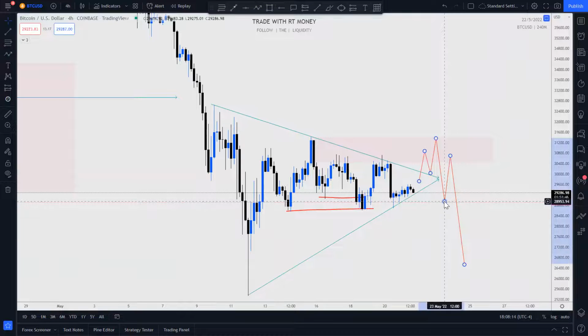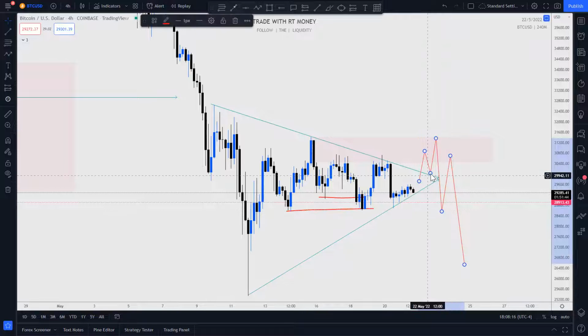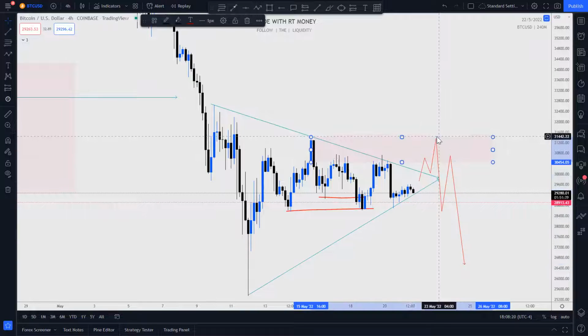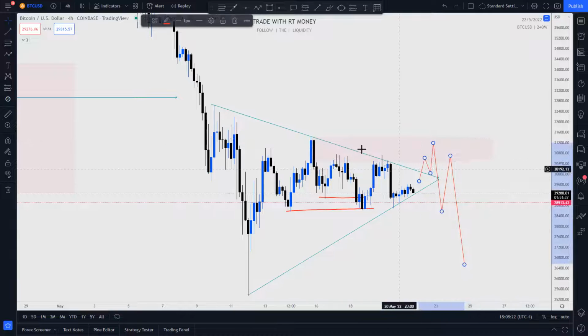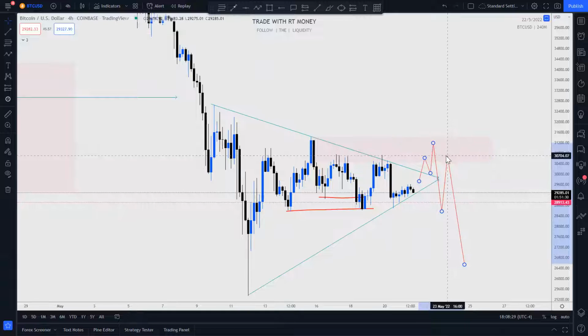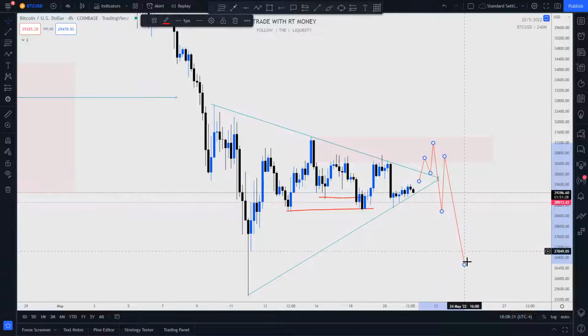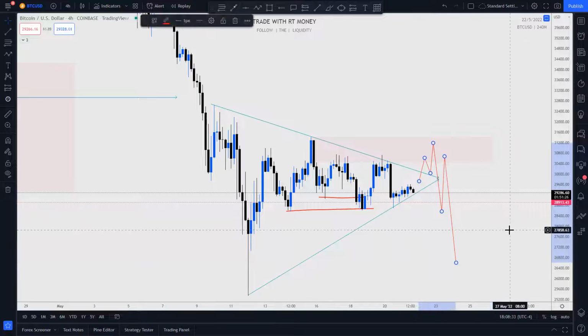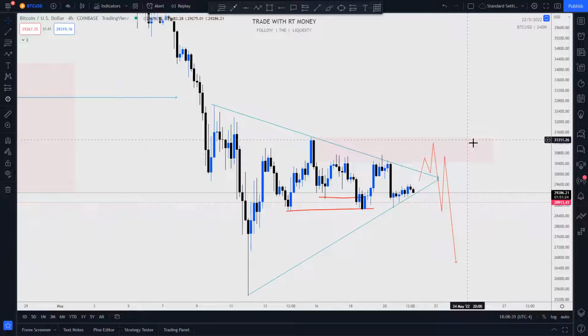This one might come this way, but as long as we get that push up, I'm good. I just want to see that push up. I want to see liquidity taken, a mitigation, and then we can look for a high probability trade to the downside.